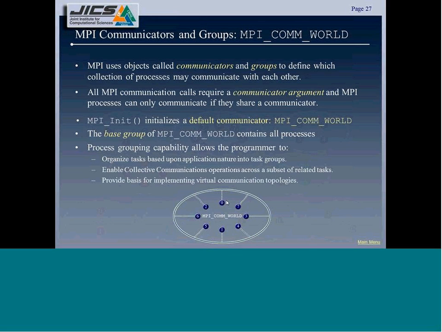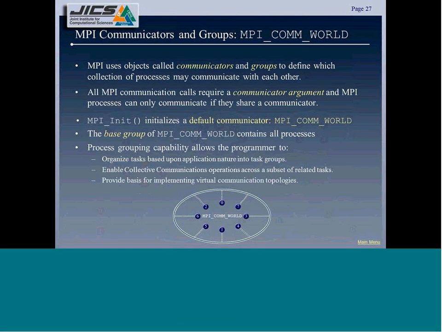Functionality also allows you to enable collective communication across a subset of the related tasks, as you do in, like, an MPI broadcast to only 4 processes out of 8. Well, if you define a smaller group of 4 processes and associate a communicator with it, you have to come up with a name for the communicator as well.